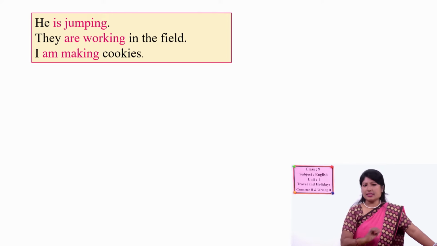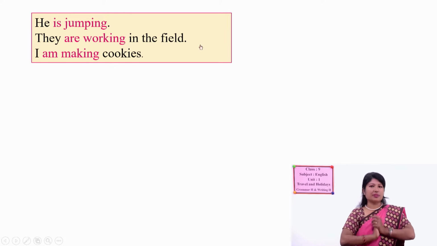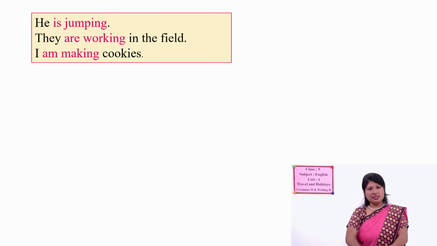Now look at these sentences. Observe them. He is jumping. They are working in the field. I'm making cookies. So what have you found? Which structure are these sentences? Which tense?